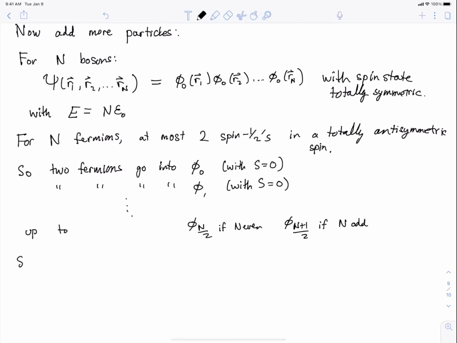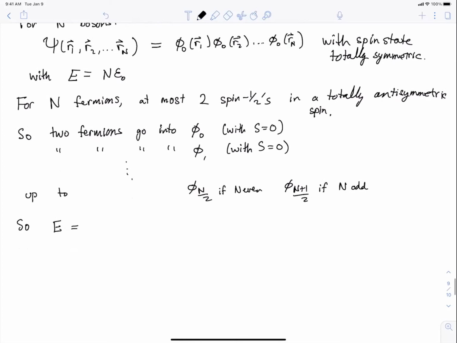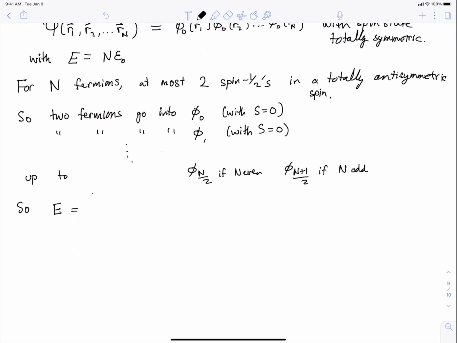Okay, and then I add up to find the total energy of the ground state. I add up all the individual unperturbed energies of those. And so I'm going to get 2 curly E0 plus 2 curly E1 plus etc. plus 2 curly E n over 2. That's if n is even.